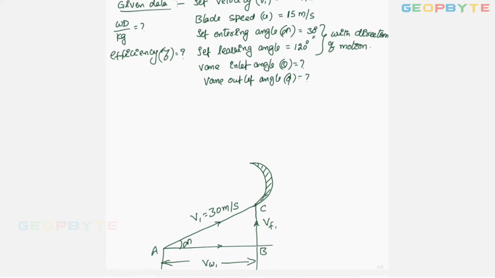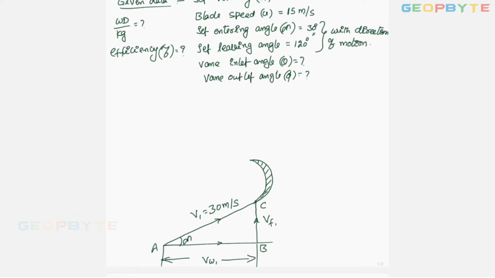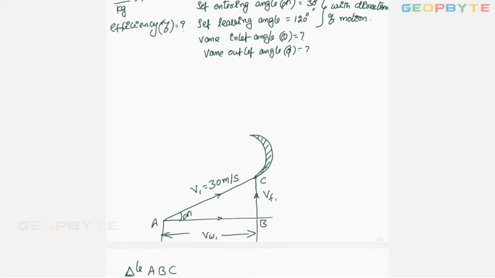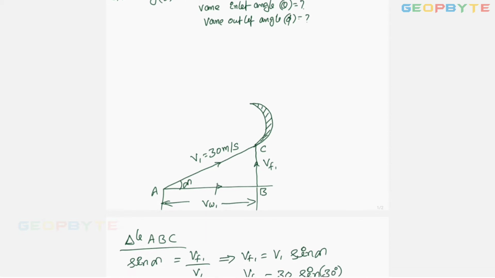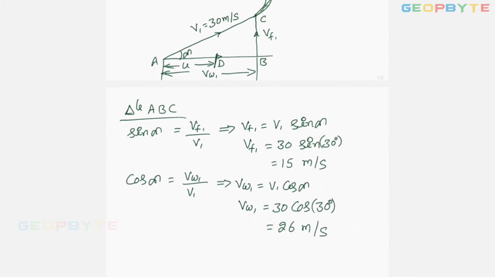Now the blade speed is given as 15 meters per second. This is the blade speed. Here let AD equal the blade speed U. Then join the DC for getting the relative velocity at inlet VR1.